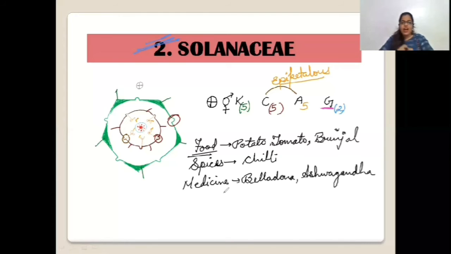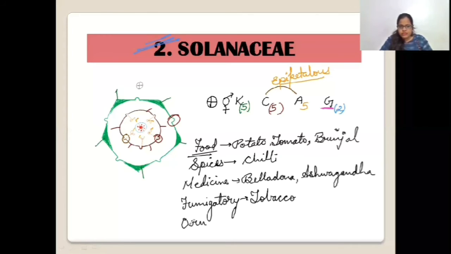That's it. Next, after medicine, we have some fumigatory materials. Fumigatory materials produce fumes, which other people use, like tobacco. Very, very harmful for the health, injurious to health, tobacco. Then we have ornamentals, to decorate our houses, gardens, offices, the balconies and all.